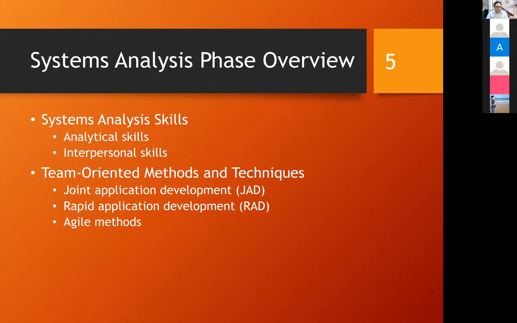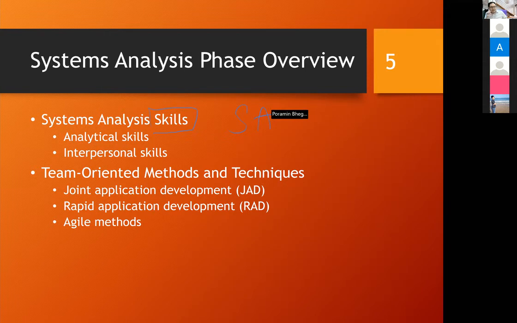The next one, for this phase, the system analysis phase, we need to use these two kinds of skills. These are the skills that people involved in this phase, that is system analysts, need to use.